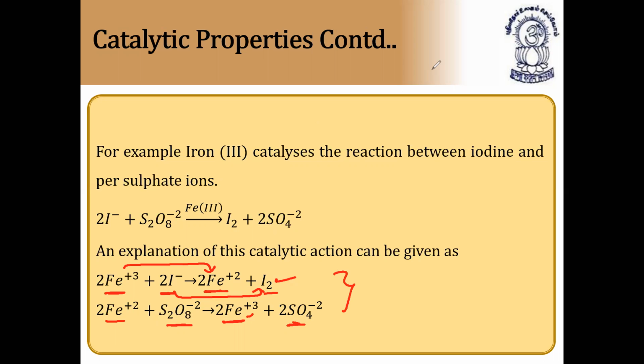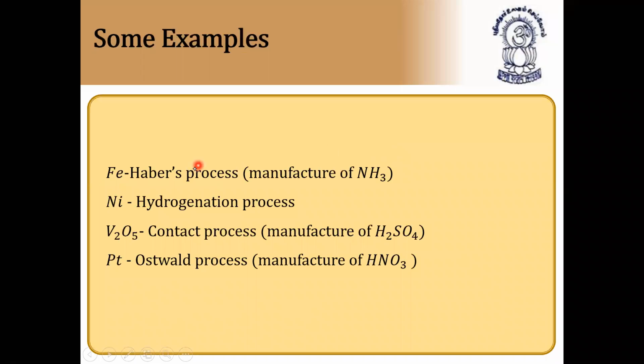A catalyst is a substance which does not take part in the chemical reaction, but due to its presence, the reaction takes place faster. So what are the examples?